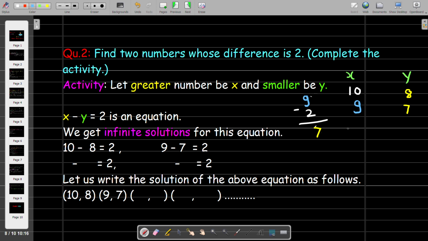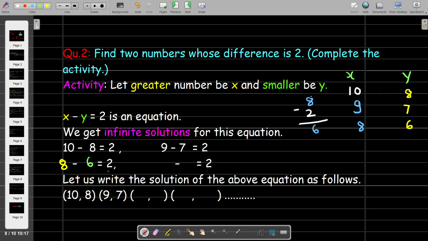If we take the value of x equal to 8, to find the value of y, we subtract the difference from the value of x. Therefore 8 minus 2 is equal to how much? 6. So the value of y is equal to 6.